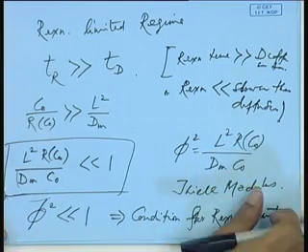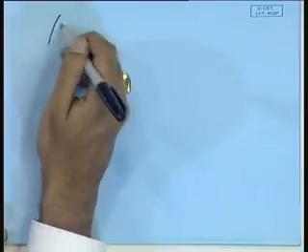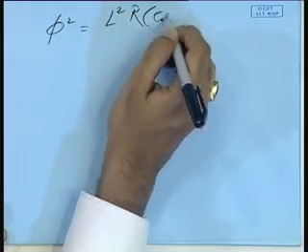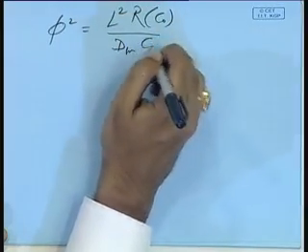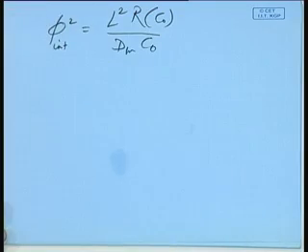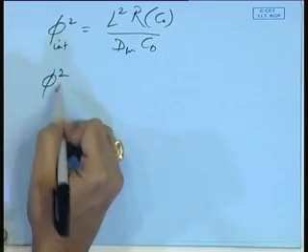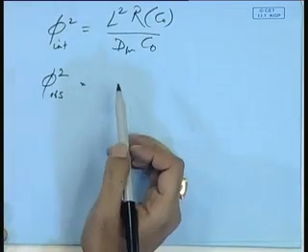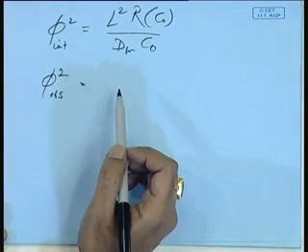Okay. Now, at this point I will tell you that there is something called an intrinsic Thiele modulus, and there is something called an observed Thiele modulus. Can you tell me what the observed Thiele modulus is going to be?